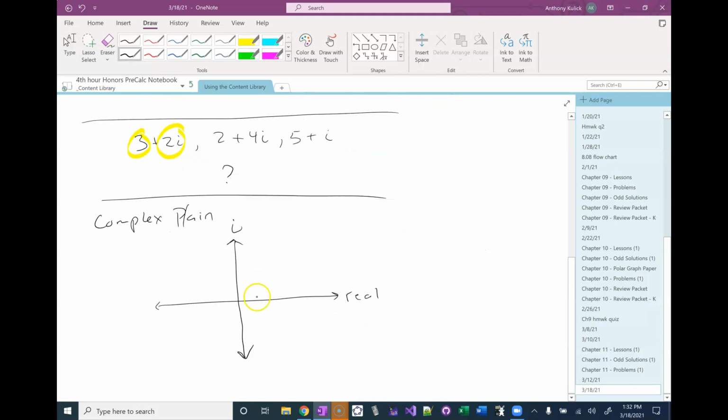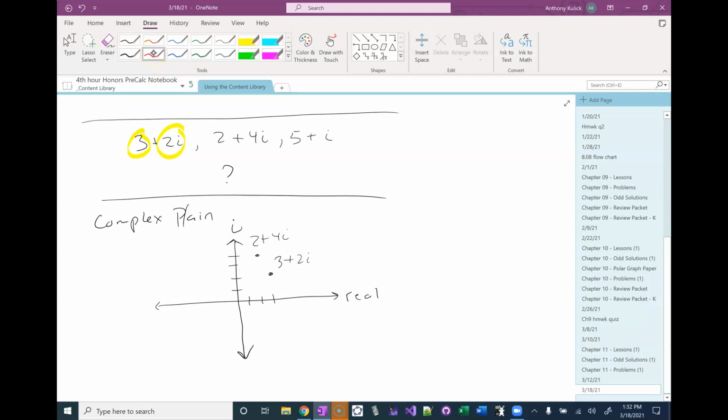So if I wanted to plot 3 plus 2i, that's here. If I wanted to do 2 plus 4i, that's here, etc. Everybody's okay with that idea? Now, what does this remind us of?